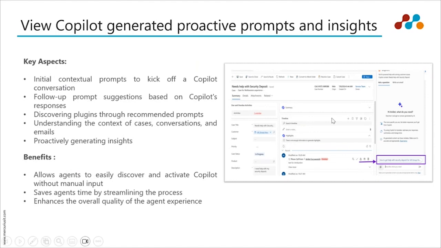As soon as this case gets opened, the Copilot is automatically activated, and without any manual description of what exactly the representative wants as a response, the Copilot itself provides a prompt based upon the details of the case. This textual prompt will initiate a conversation with the Copilot, and follow-up prompts are suggested based upon the Copilot response, which will keep the conversation ongoing.